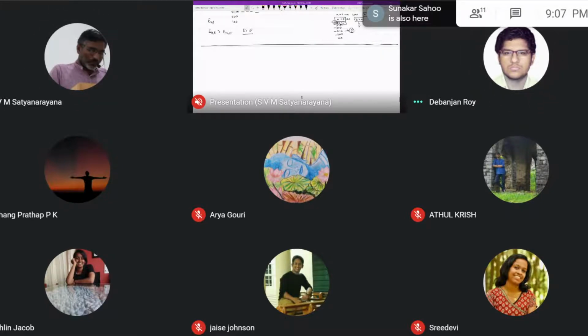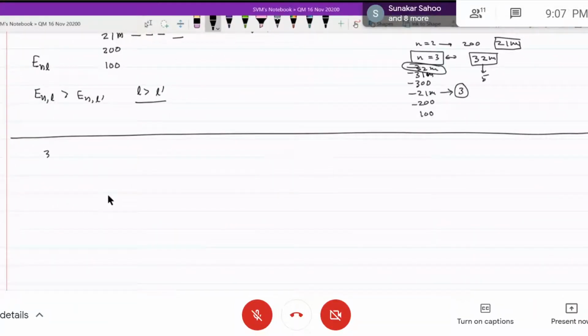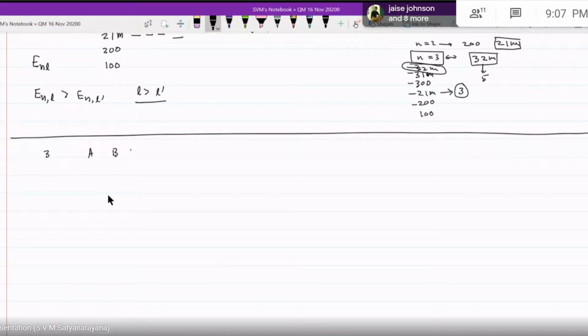Sir, consider three particles, A, B, and C, each with an attribute S that can take two values, plus or minus 1. Let S of A be 1, S of B be 1, and S of C be minus 1 at a given instant.